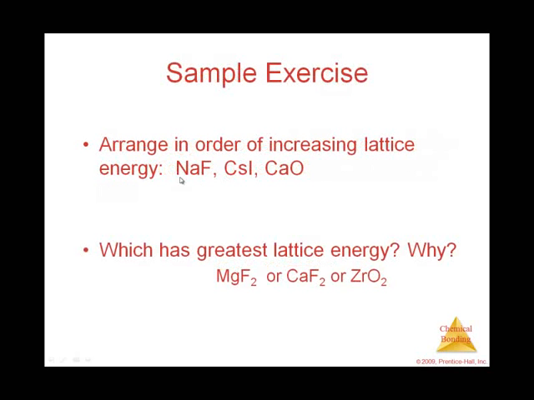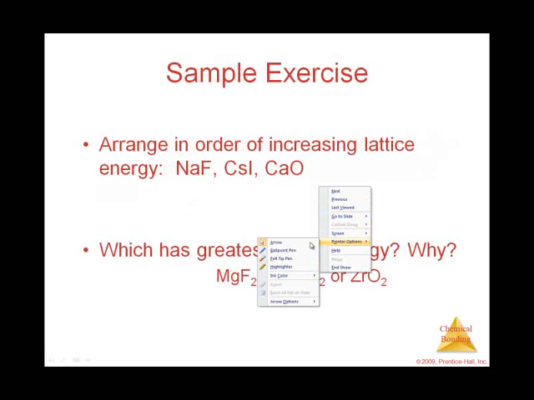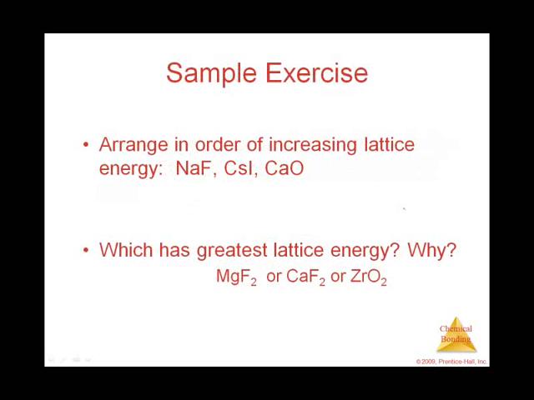Okay, so let's try to apply this. We have sodium fluoride, cesium iodide, and calcium oxide. Let's first look at the charge, because the charge itself is enough to make a difference. I have in this case a +1, -1, +1, -1, +2, -2. So this will be the strongest, right? This is the highest.